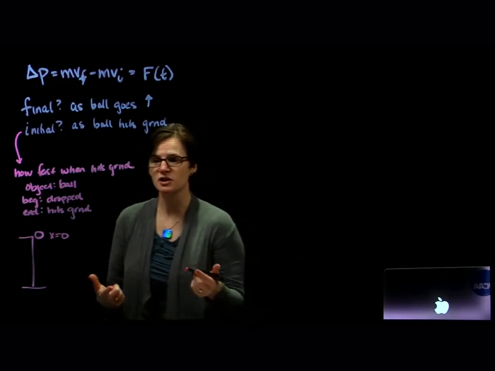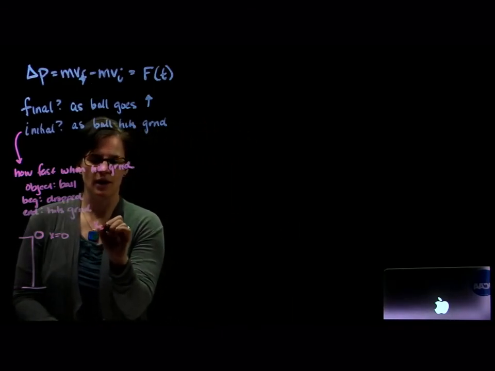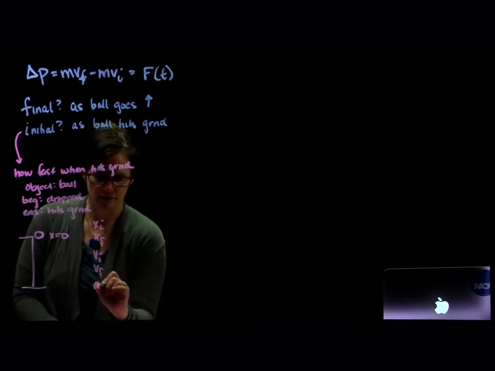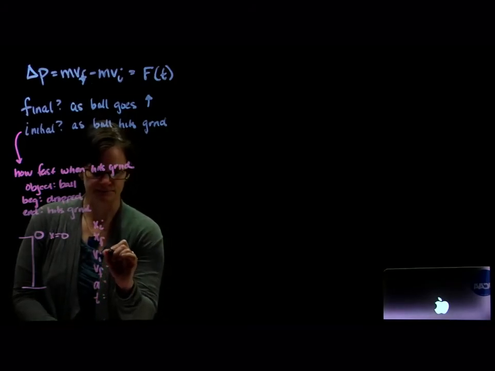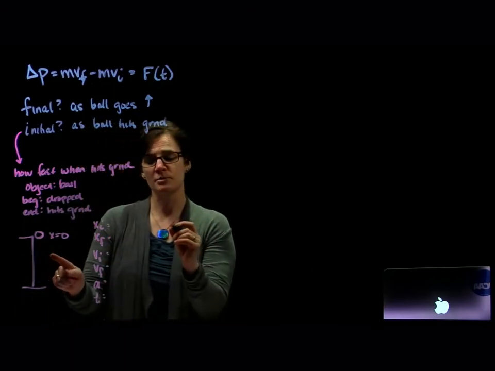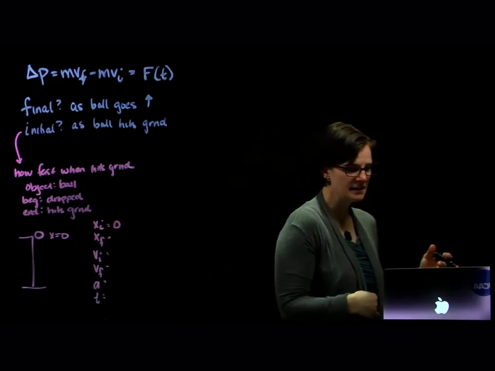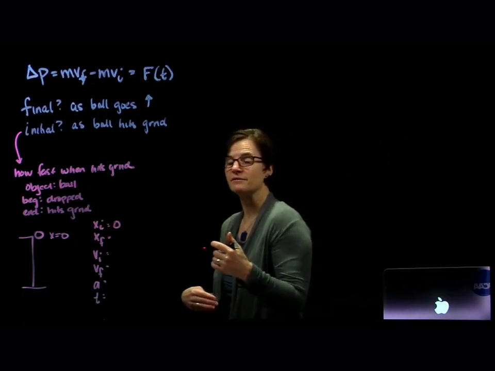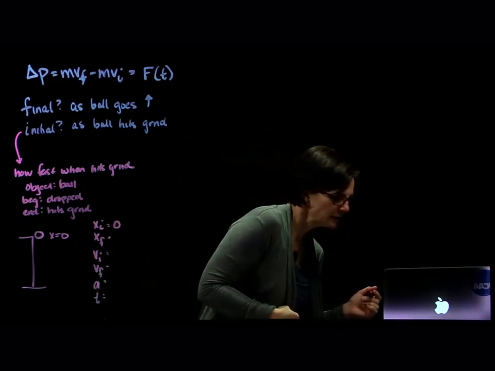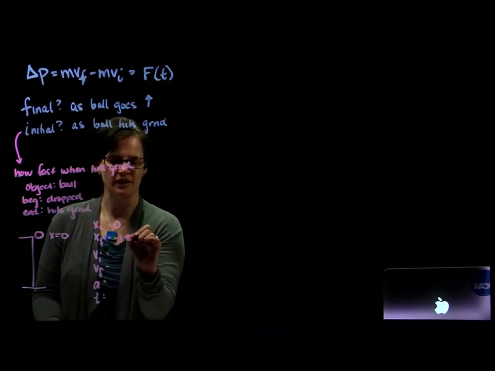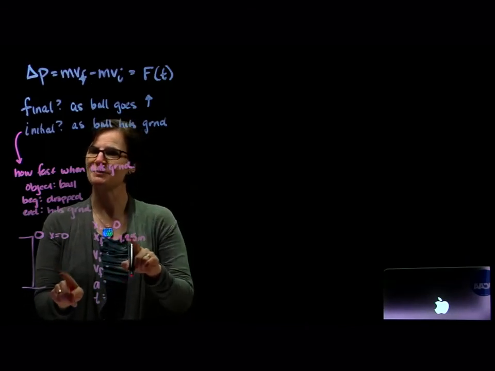This is a one-dimensional motion problem. So x initial, x final, v initial, v final, acceleration, and time. My initial position is 0. My final position, well, it tells me that the height that it's dropped from is 1.25 meters. So my final position is minus 1.25 meters. This is a position below the origin.